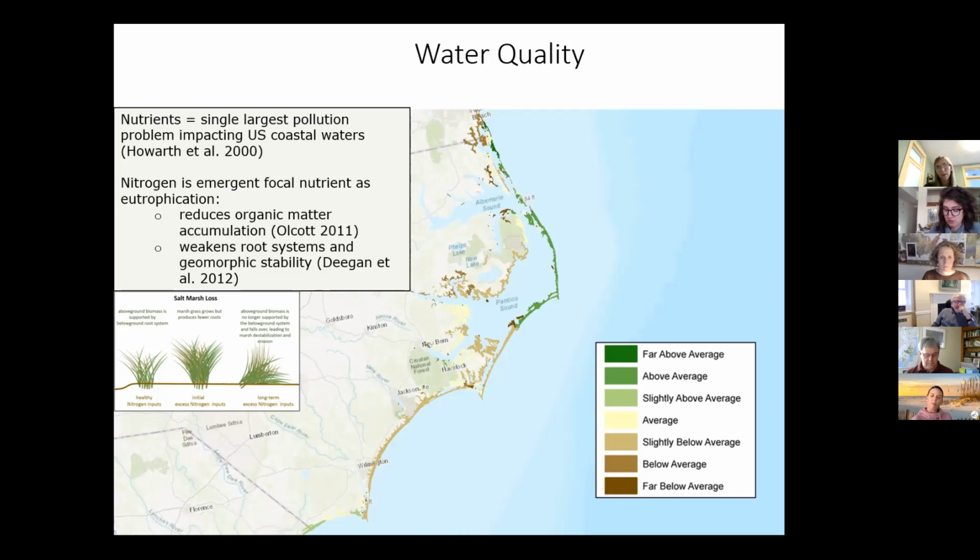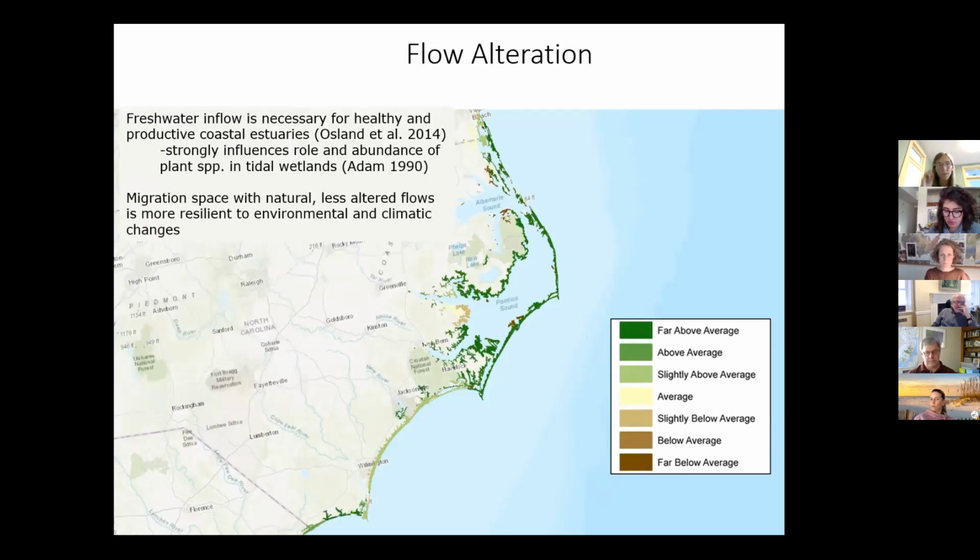And so we might have a nice little flush of our marsh grasses, but over time the root system can't sustain, and we see degradation of marsh areas and weakened root systems and loss of that stability when nutrients are too high. So again, nutrients are an intervention point that we can think about when we look at our condition scores, if we have physical features that are intact. And then freshwater inflow is necessary for healthy and productive coastal estuaries.